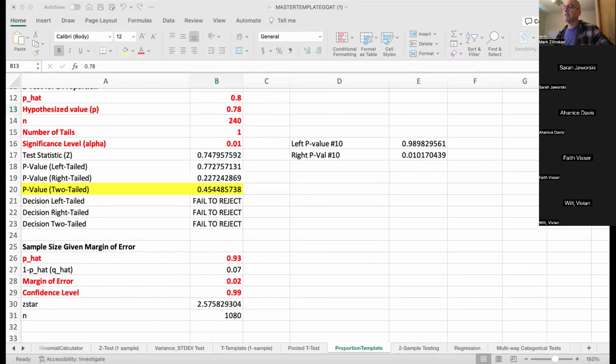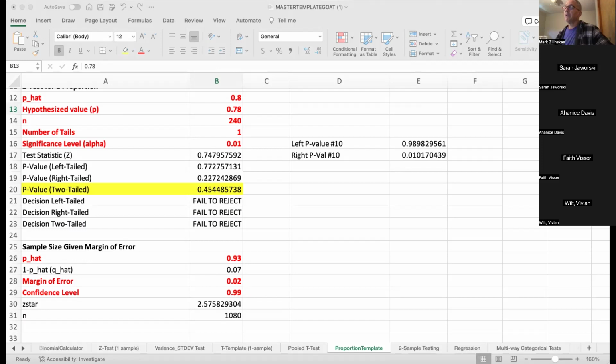And if this number down here is less than that, we would reject. Okay. If it is not, then we would fail to reject. Okay. So in this case, we're clearly not rejecting this claim. In other words, there's not enough evidence to reject this claim and go with this.